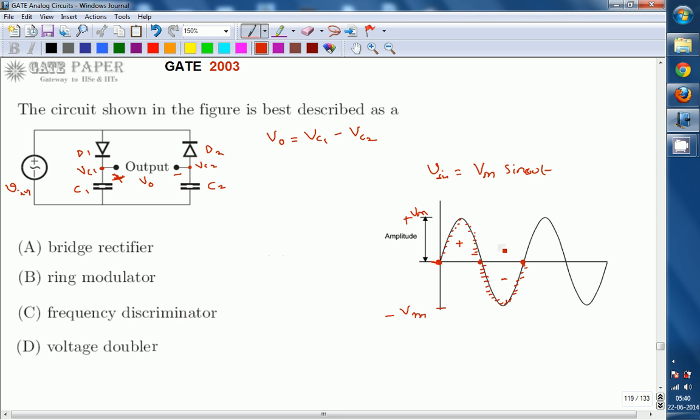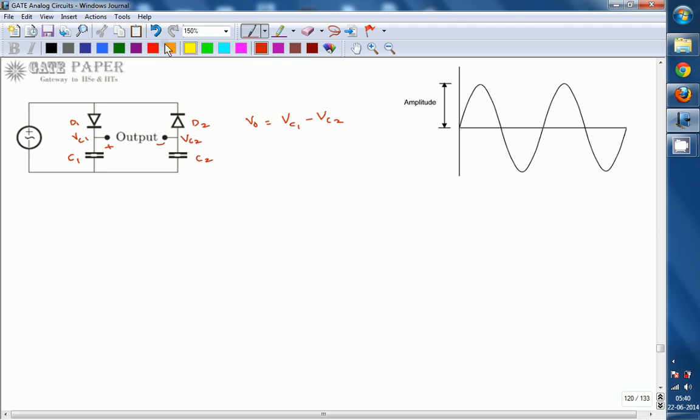Okay, so now we will see the operation. This is the given diagram. Now case 1, that is case A, during the positive half cycle.